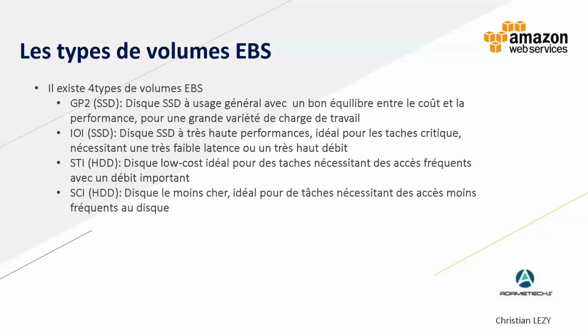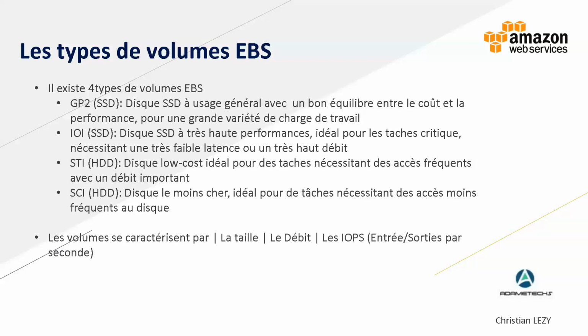The SC1, which is the cheapest volume type, is also ideal for big data tasks with less frequent disk access. Volumes can be characterized by their size, throughput, and input and output operations per second.